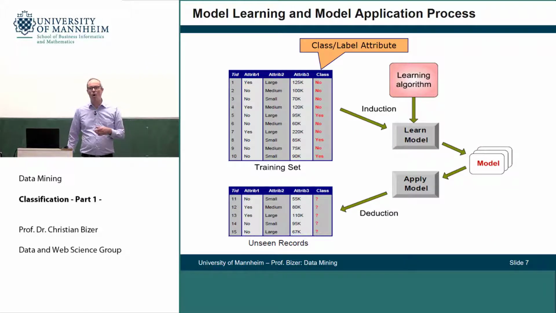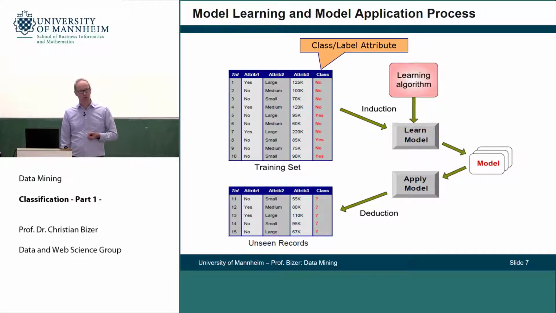So our overall classification workflow: we have our training example set, some attributes. One is the class, also called the label attribute. We use a learning algorithm to learn a model from these examples. So basically we said data mining is about finding patterns.